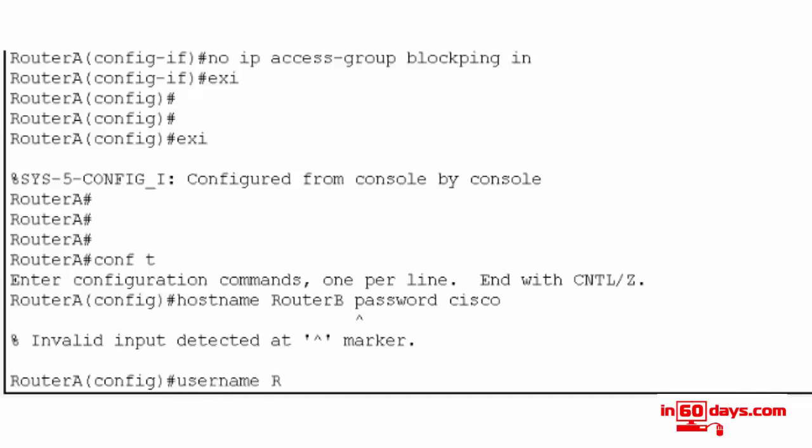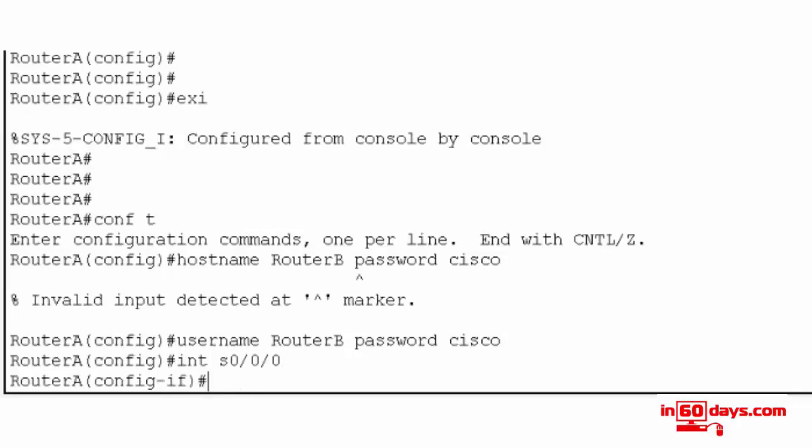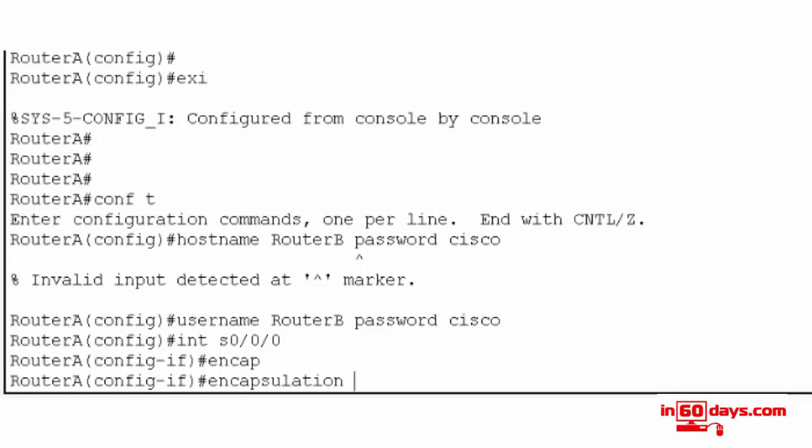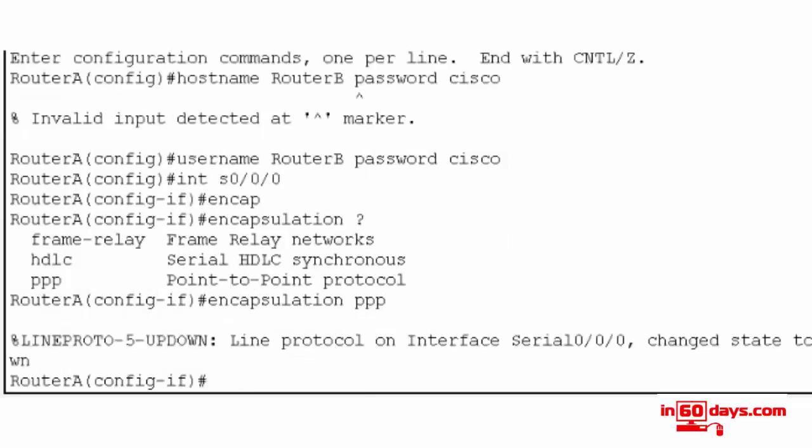Username router B, password Cisco. So interface serial 0/0/0. Default encapsulation is HDLC, so we need to change this. 3 choices, and the one we're looking for is PPP, at which point the link will probably go down, as you can see there.